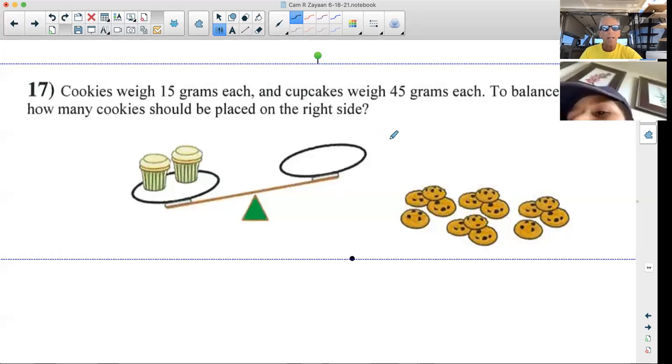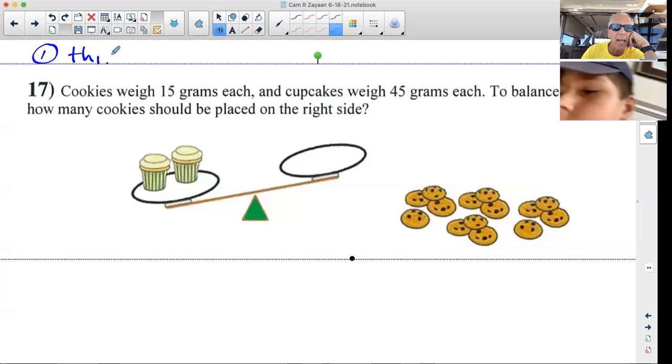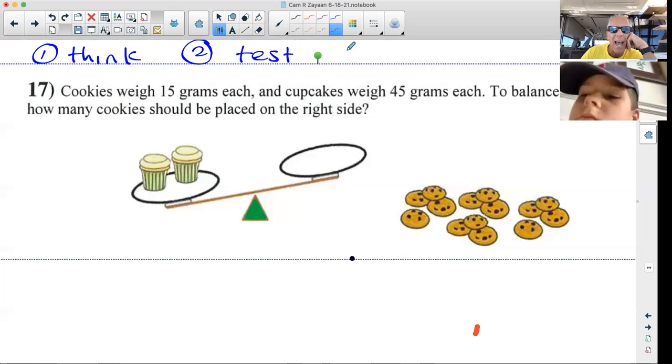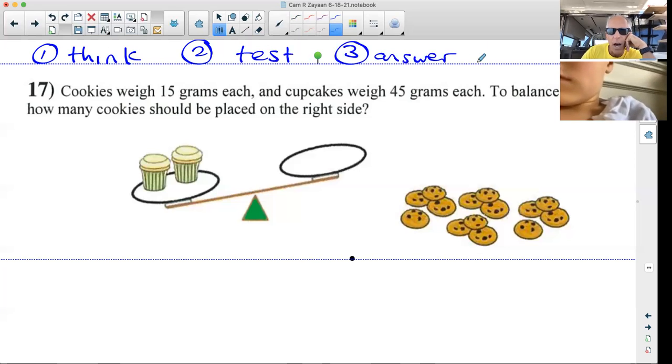3 cookies. Now, if you wrote it down, you wouldn't say 3. So now, see, your default is to answer and then think about it. And I want you to, number 1, think. Number 2, test it. And after that, then, my friend, I want you to answer.